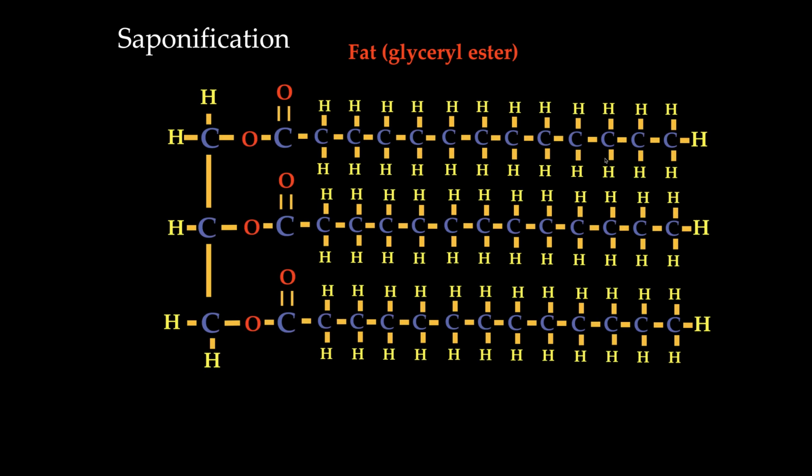Making soap, saponification. We take a molecule of fat, and it is one seriously fat molecule. And what we do is we add to it sodium hydroxide. This will cause each of the three arms to snap off of this fat molecule.